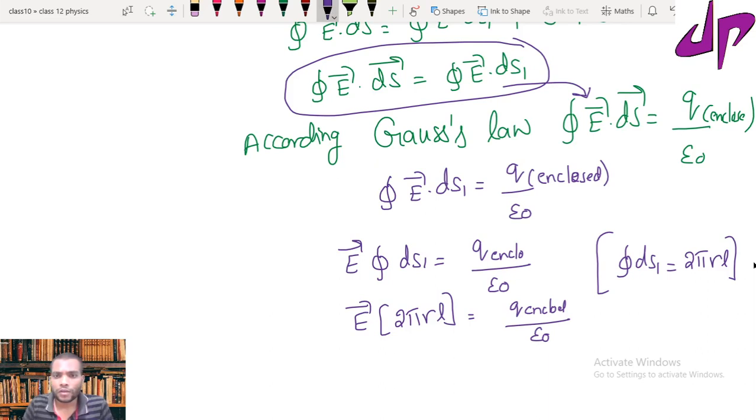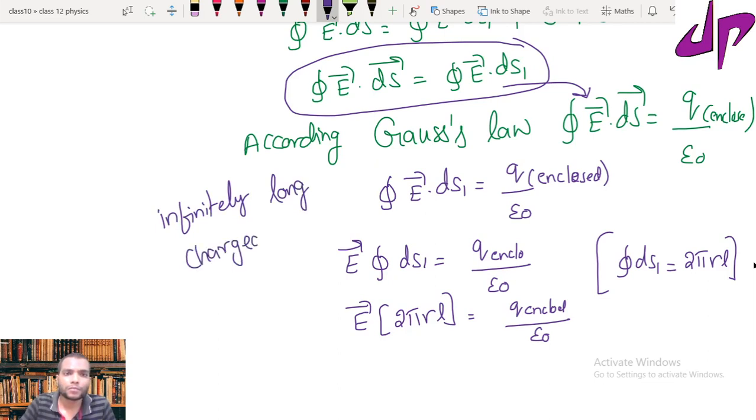Now we are at the end, but here you can see the given is an infinitely long charged object. So we need to talk about what charge it contains. If you remember, linear charge density is nothing but lambda. Lambda is called linear charge density, which according to the formula equals charge per unit length.